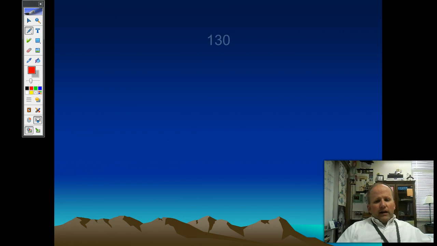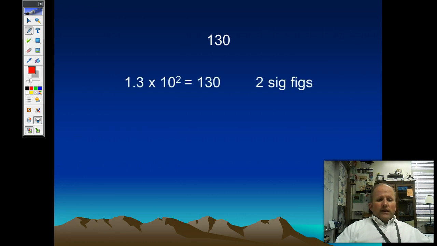So when we start doing calculations, we've got to be able to write these numbers with the correct number of sig figs. Here's how we do it. If we want to show 130 with 2 significant figures, we can first write it in scientific notation. This number here must be between 1 and 10.